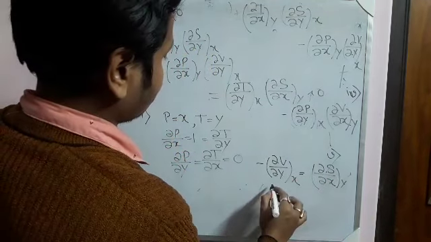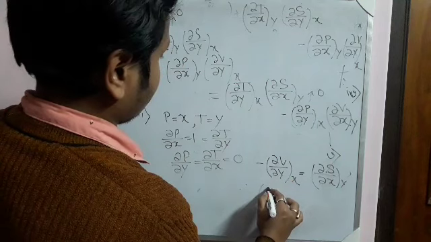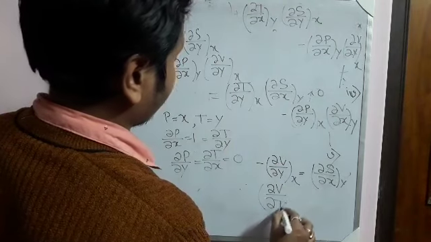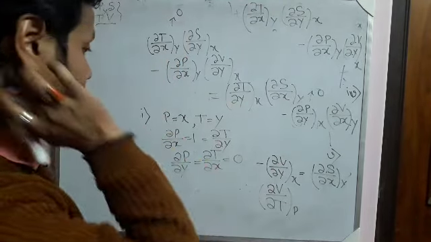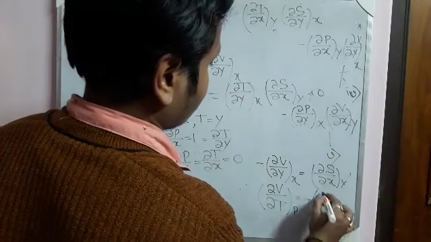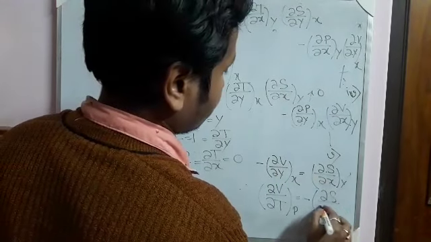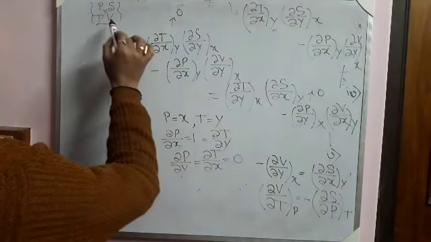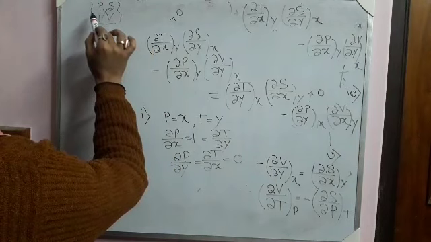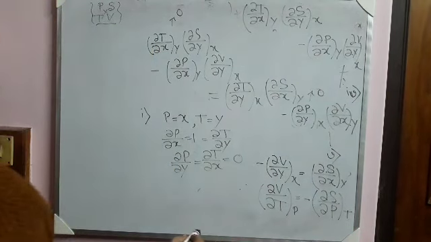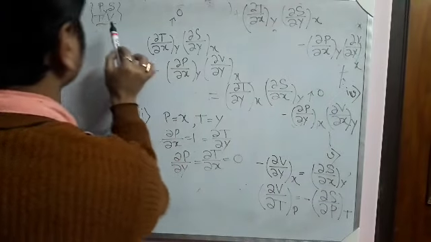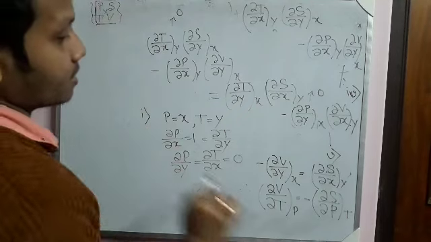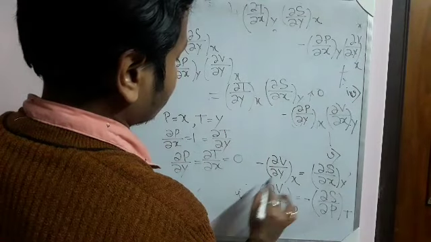Y means T, del V, Y means T, and X means P. This equals minus del S, X means P, Y means T. So this is one relation: del V del T at constant pressure is equal to minus del S del P at constant temperature. So this is the one relation.